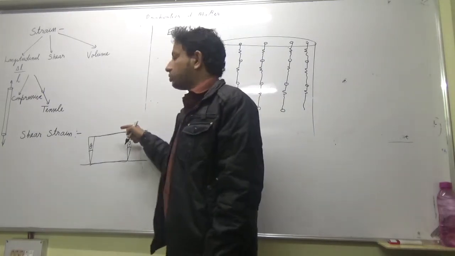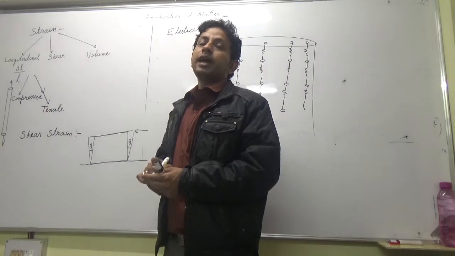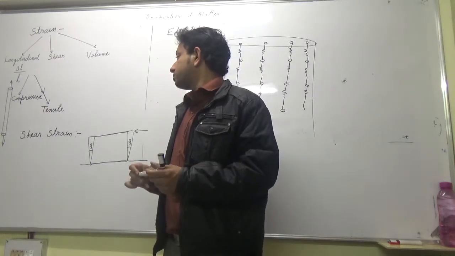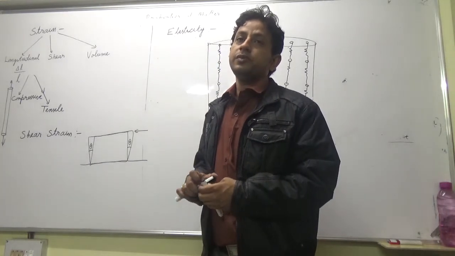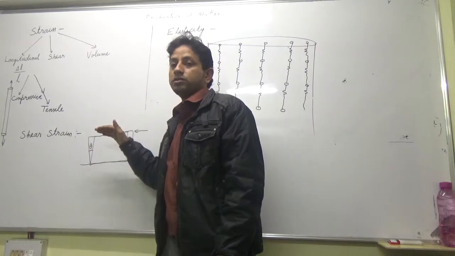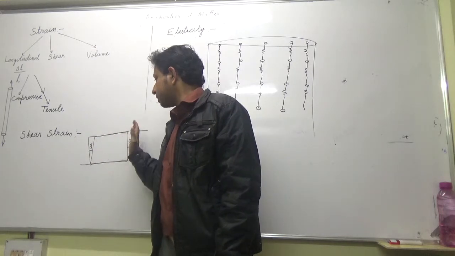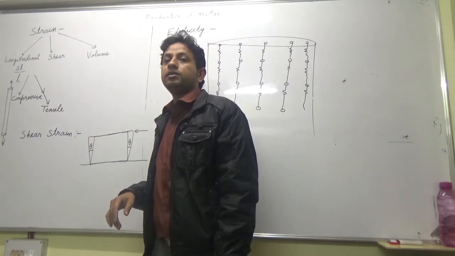If you apply some force, this object will tilt by some amount. So this kind of strain is called shear strain. Is it clear? If we have some object and we apply a force and we get this kind of tilting, then it is shear strain.